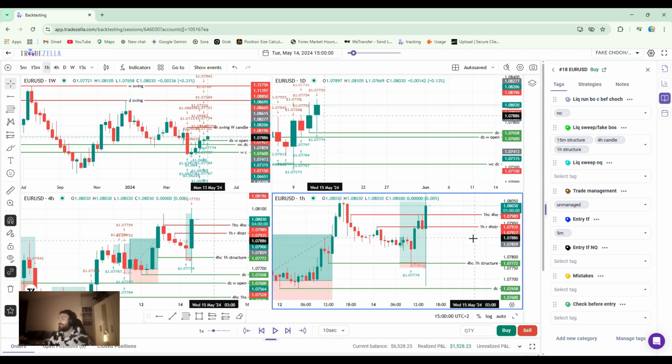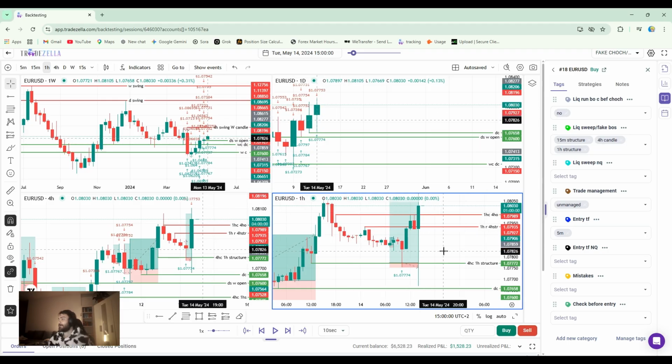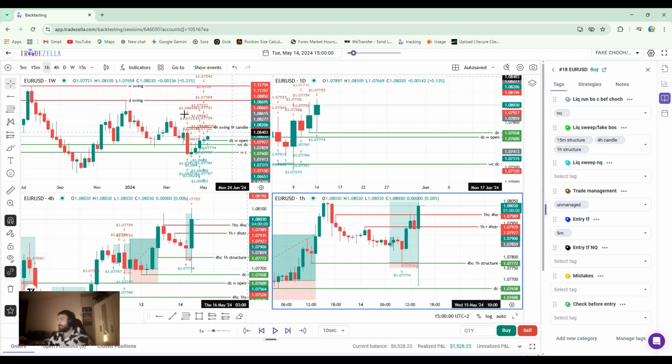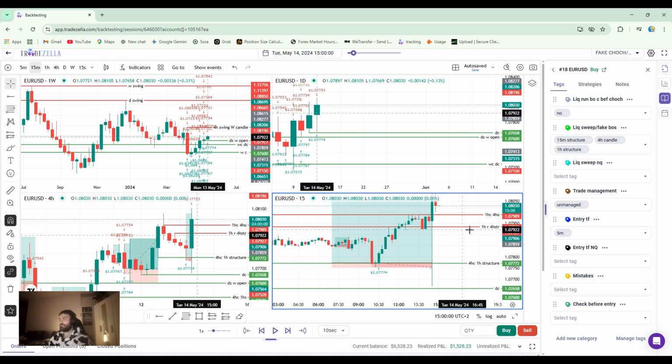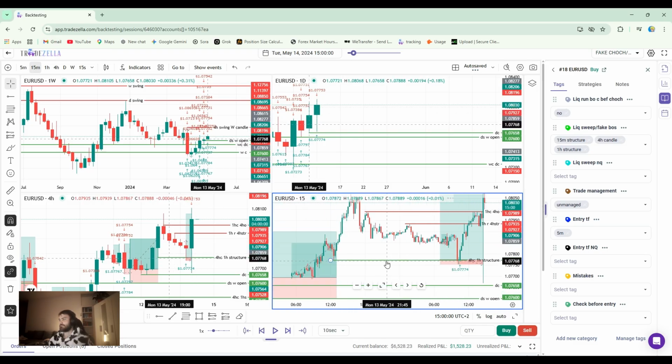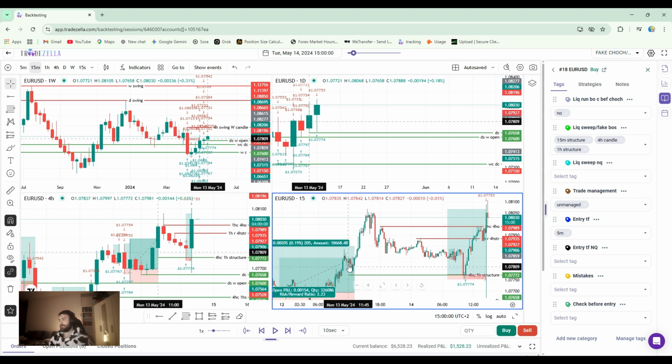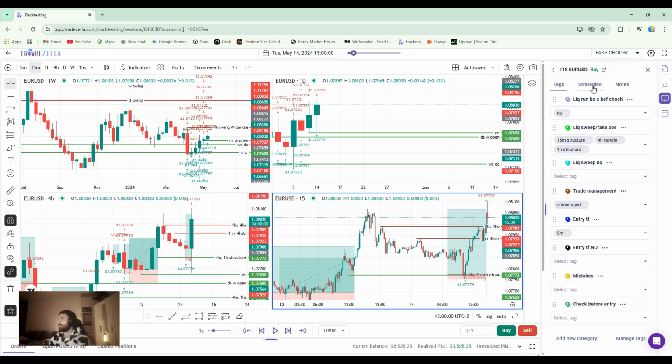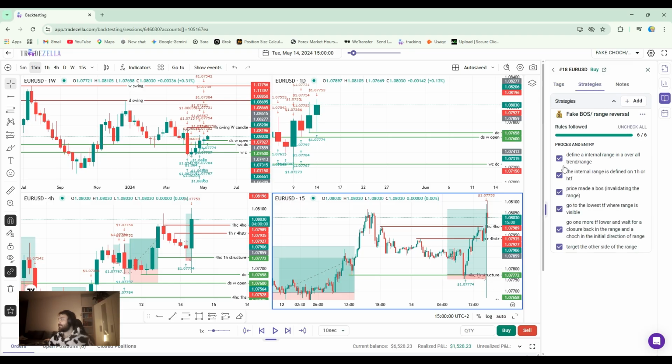So it took liquidity below it, then I dropped lower to the 15 minutes to see if the range is visible. And basically it was the same range as on the 1 hour, right? And what I do is, you have to look here. The price made a break of structure, change of character, liquidity sweep.